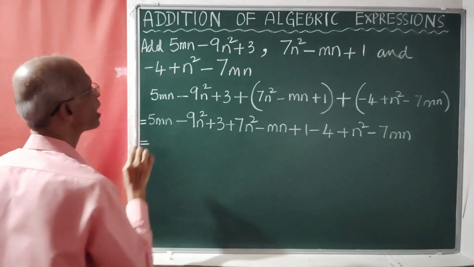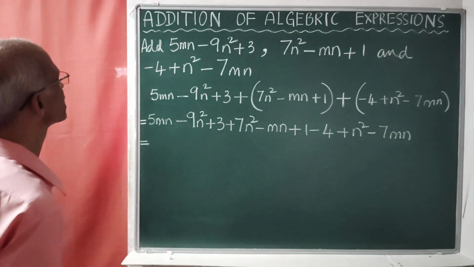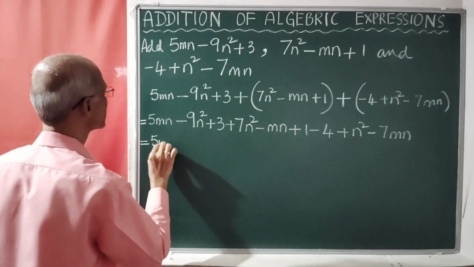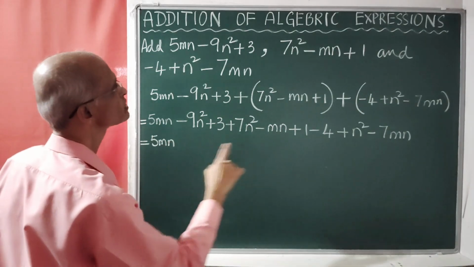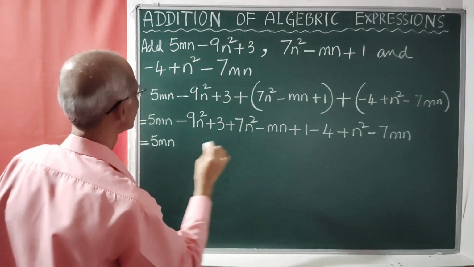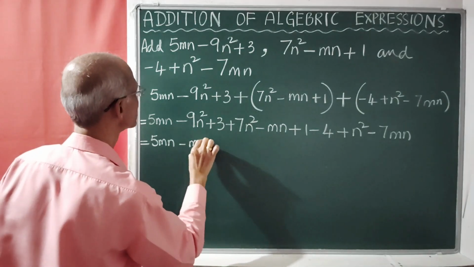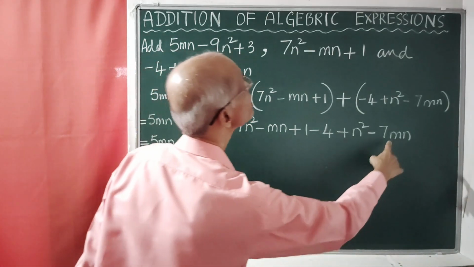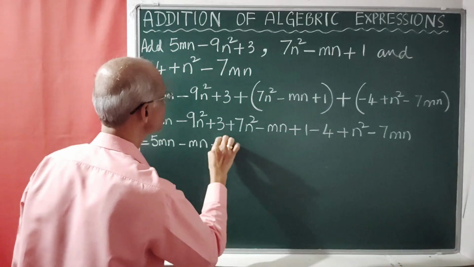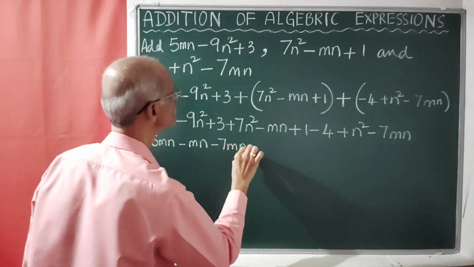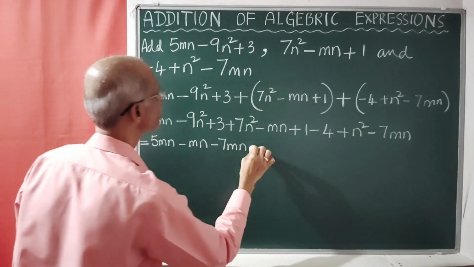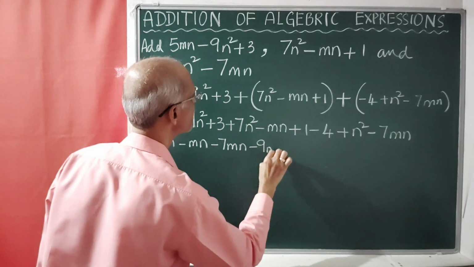The next step, I have to shuffle the like terms together. So 5mn, like term for this is minus mn, and minus 7mn. Next one, minus 9n square.